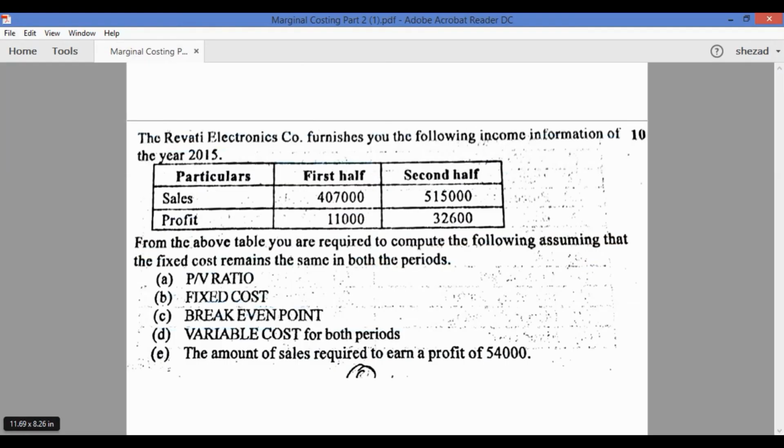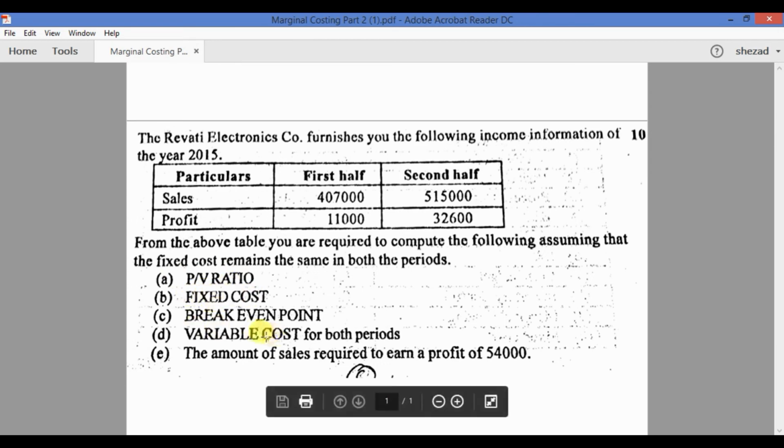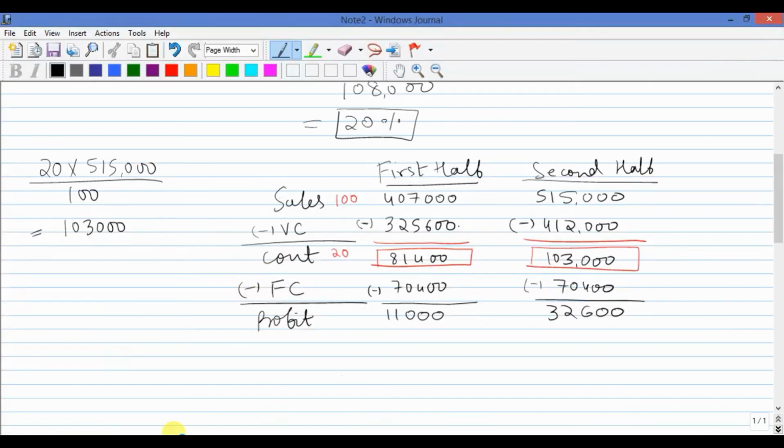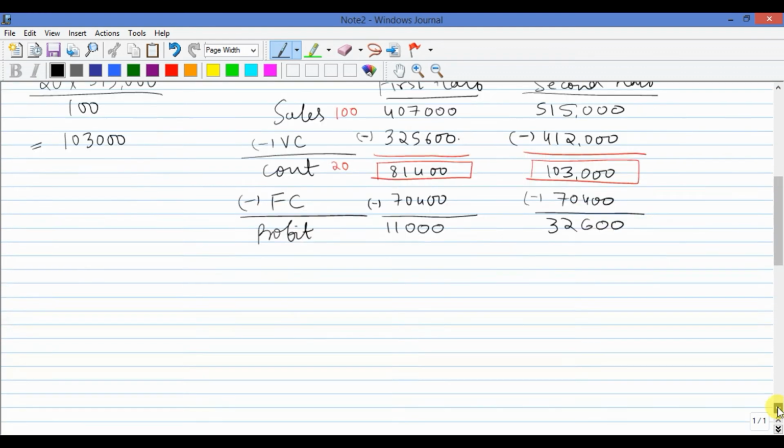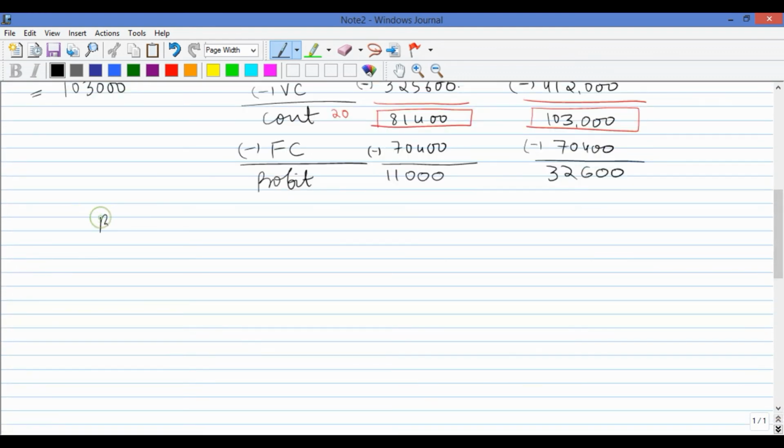So now I'm reading further. The profit volume ratio is calculated. We know the fixed cost and the variable cost for both the periods. Now I need to find the break-even point, and this you can find only in rupees since the cost per unit is not given to us.